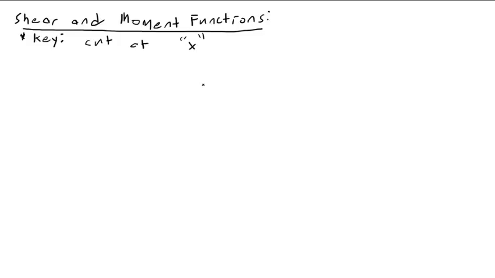In other words, when you draw your free body diagram with a cut in it, the x is right at the cut. Keep origin constant. Do not restart your x at different values. 0 should always be, for example, from the left side of the beam, which is usually the most convenient.